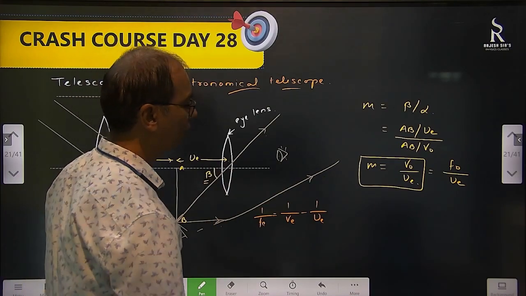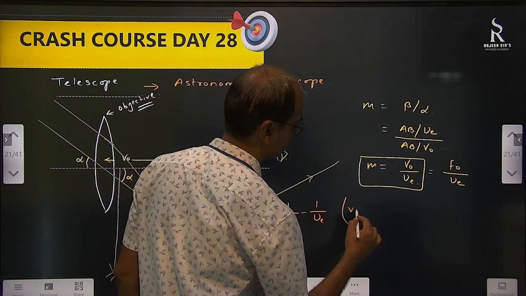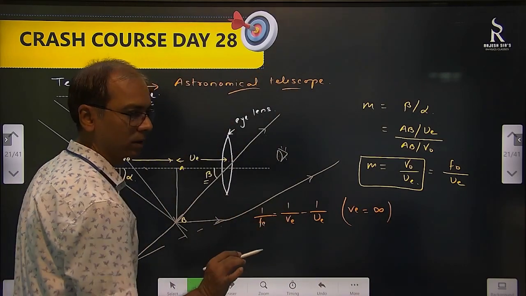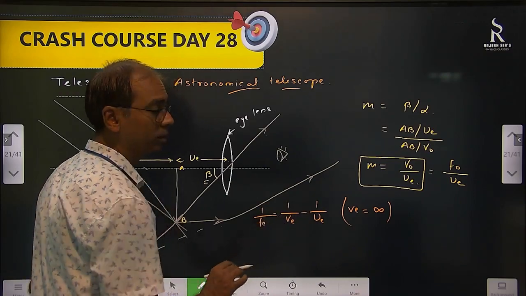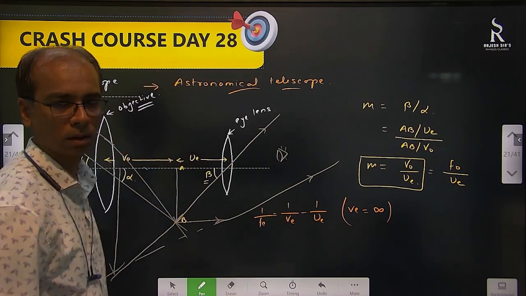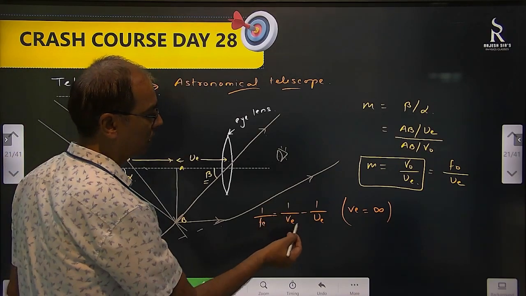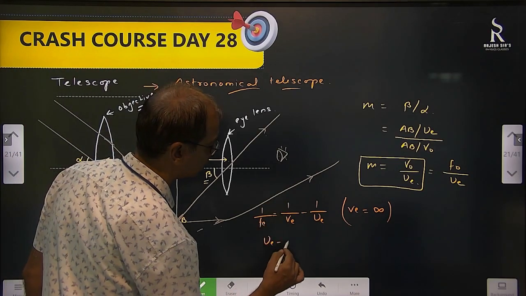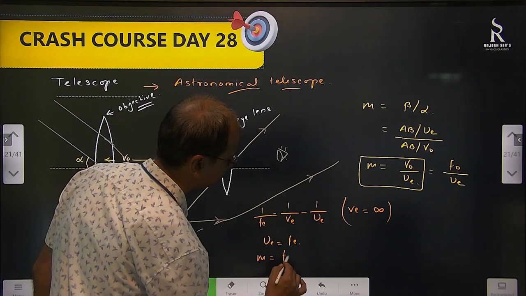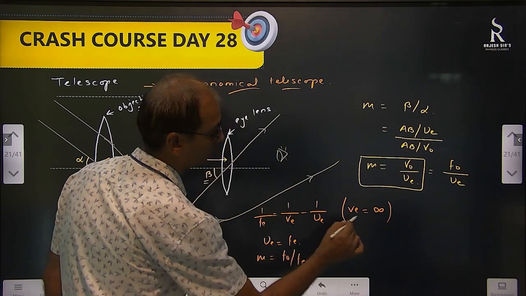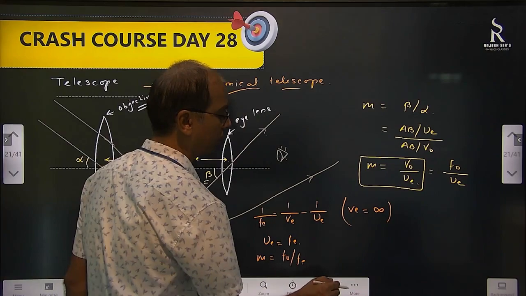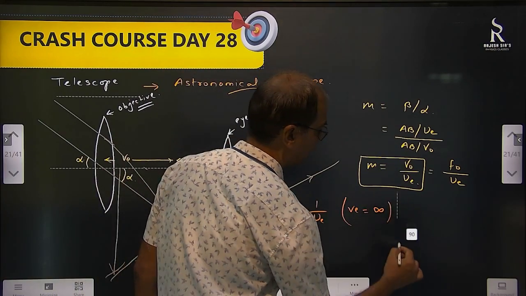Suppose first we want VE at infinity. When you want V at infinity, 1 by V means 0. When the image forms at infinity, UE equal to Fe. In that case, our magnification formula will be FO by Fe, when you want the final image at infinity. Second, when we want VE at D.